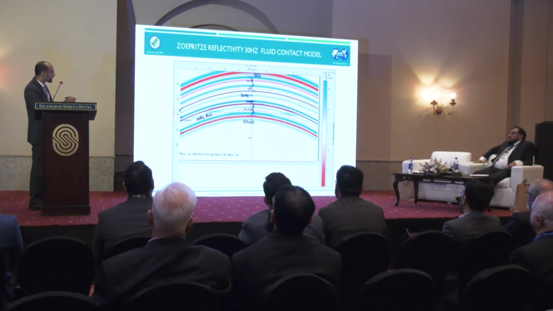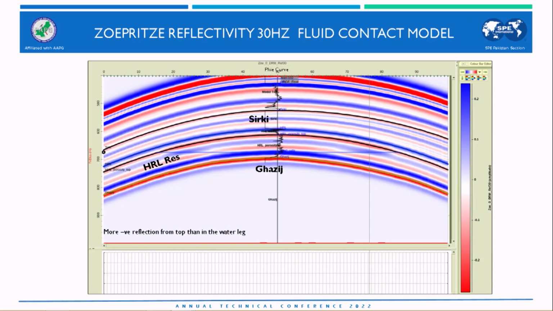Based on that, we observe that wherever we have this flatter contact, either in that direction or in this area, we see some amplitude breakage across this flat gas-water contact. Yeah, there is an amplitude break above and below that one.